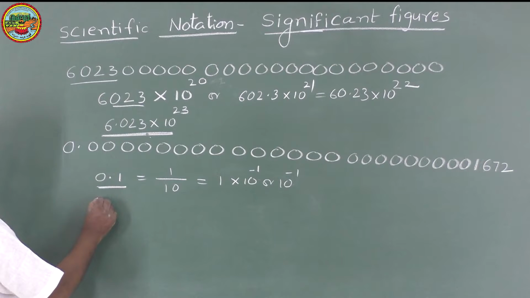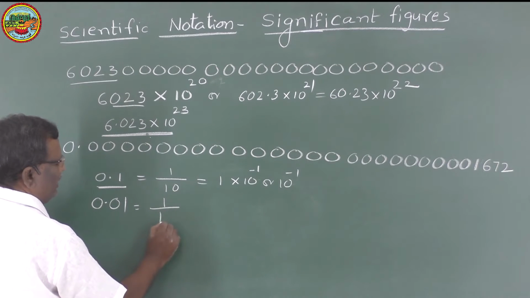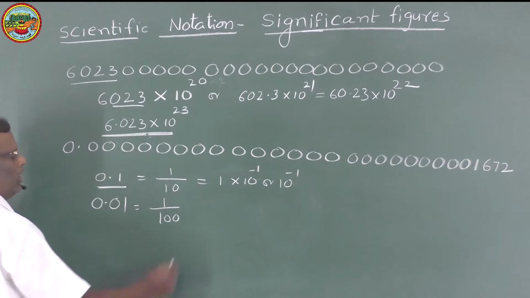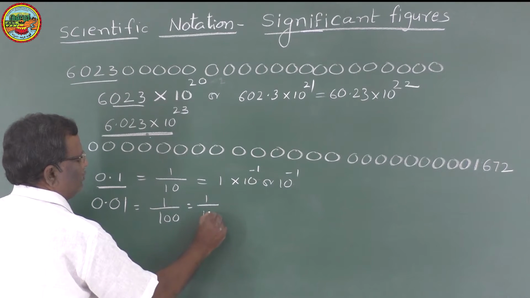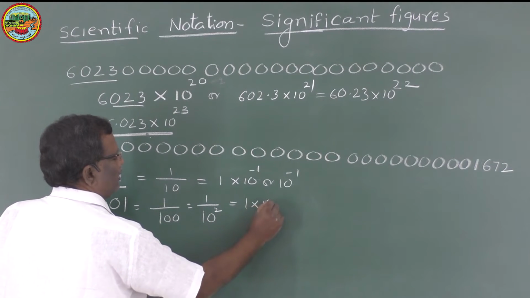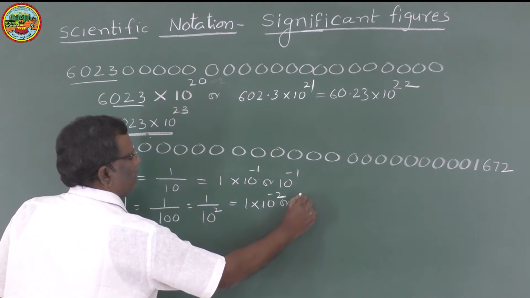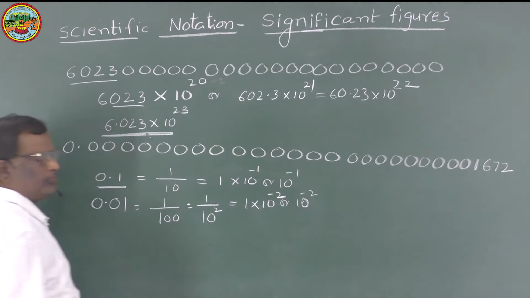Similarly, if you have 0.01, it can be written as 1 by 100, or 1 by 10 square, or 1 into 10 to the power minus 2, or simply 10 to the power minus 2.